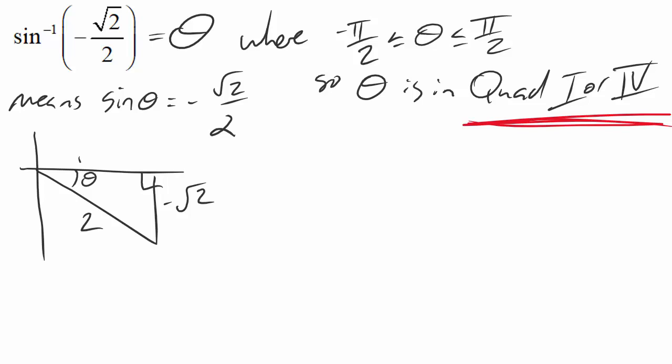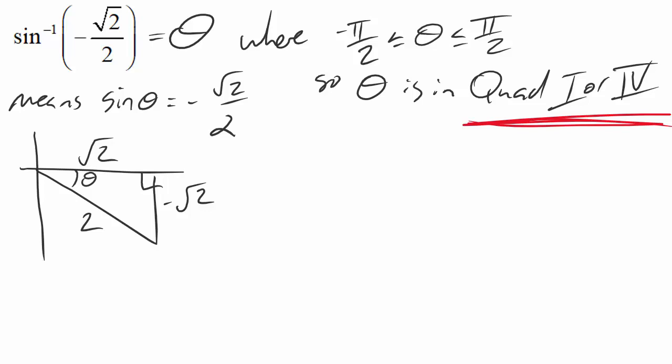Through the Pythagorean theorem we can find that our missing adjacent side is the positive square root of 2. And if you're thinking back to your two major right triangles used for the major angles for problems like this, that would be the 45-45-90 triangle or the 30-60-90 triangle.